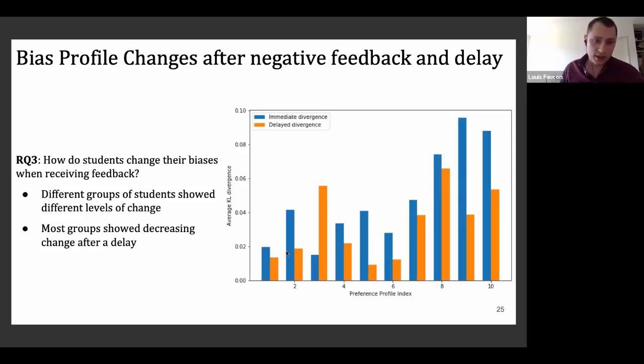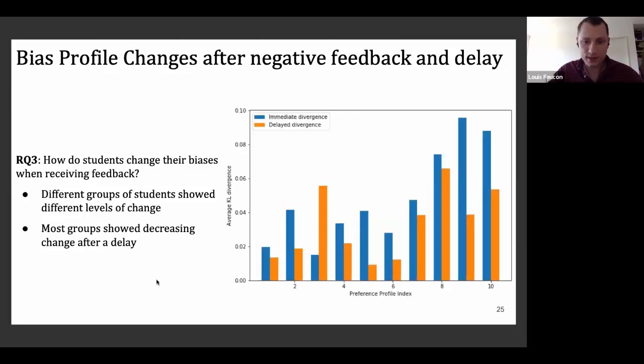So for this, each bias profile, I told you, has a set of 9 probabilities, but we also computed 2 other sets of 9 probabilities. One set for the answers students give right after receiving negative feedback, and a third set of probabilities for how students answer after a delay.